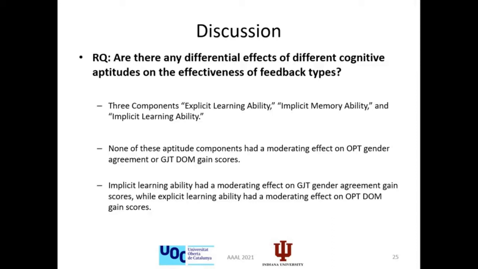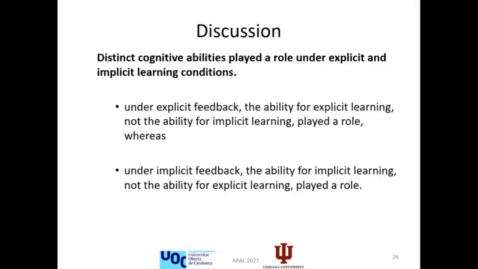None of these aptitude components had a moderating effect on oral production, gender agreement, or grammatical judgment, differential object marking gain scores. However, implicit learning ability had a moderating effect on grammatical judgment, gender agreement gain scores, while explicit learning ability had a moderating effect on oral production, differential object marking gain scores.